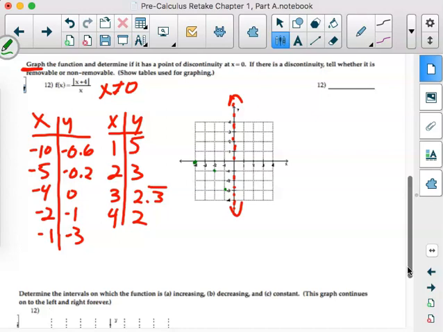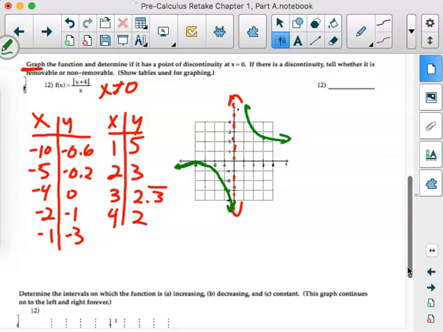And then we would go ahead and notice that what's really unique to this graph is that our graph hits at -4 and bounces back down. So that has to be shown, that piece right there where it hits and bounces down. There really isn't anything startling or unique over here on the other side, but there it is.